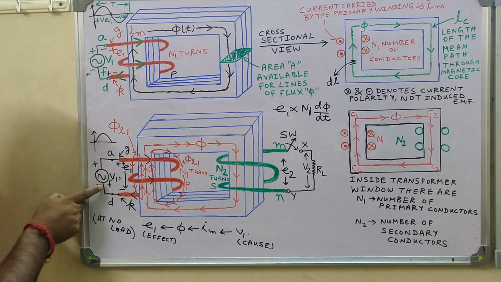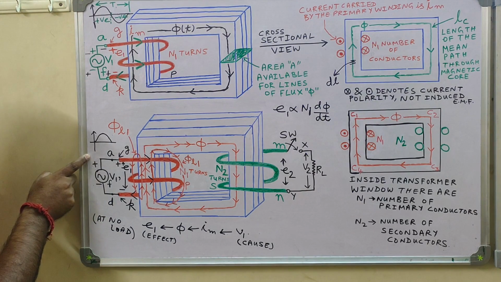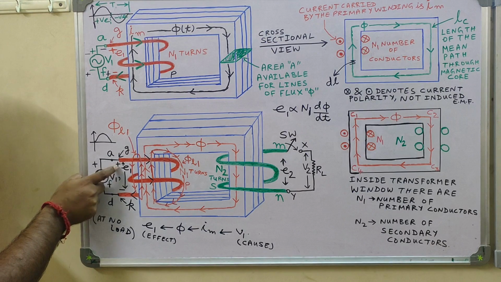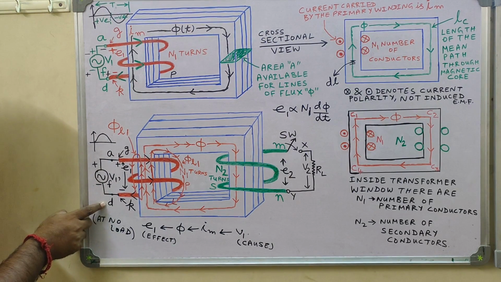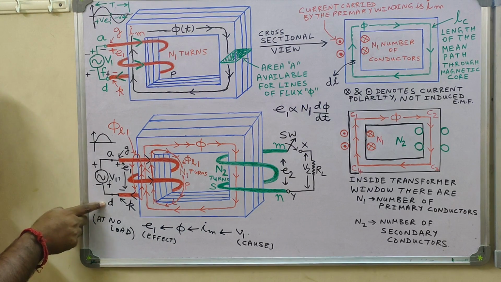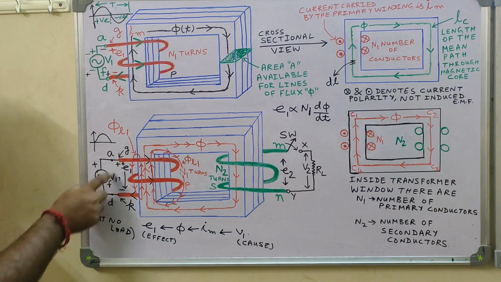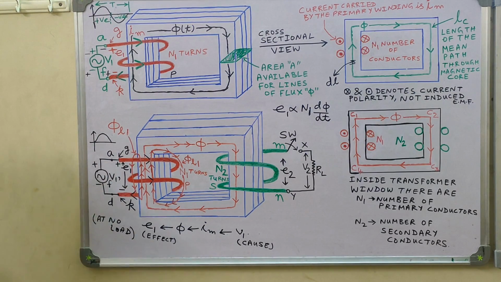So if V1 is having plus here, that means if terminal A is plus, then terminal G should also be plus. If terminal D is negative, then terminal K of the primary coil should also be negative. So this plus and minus sign can be deduced by applying Lenz's law.